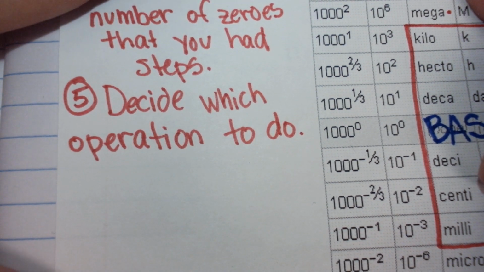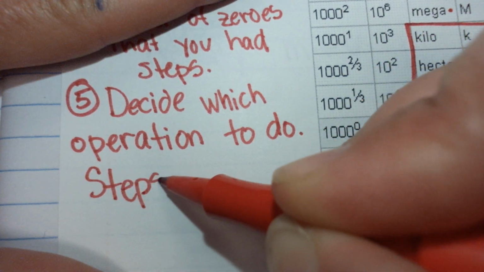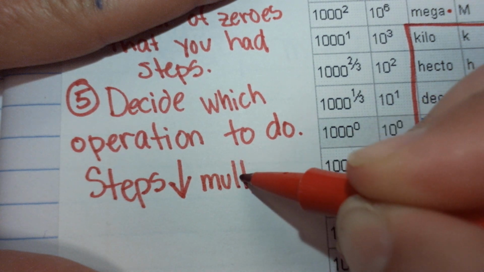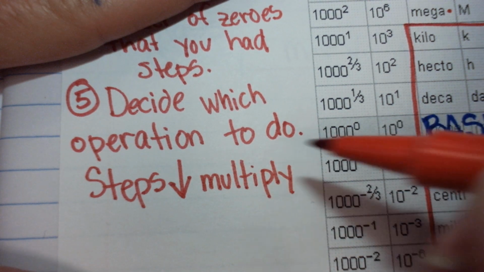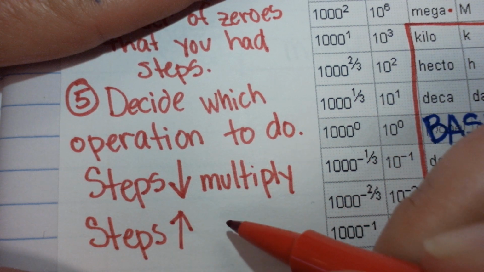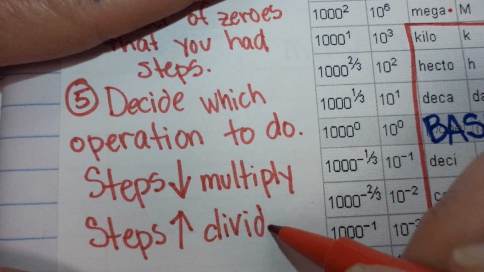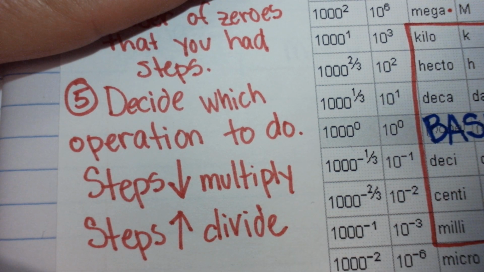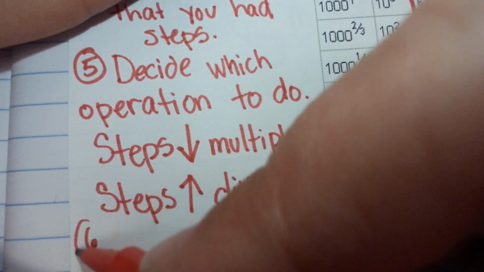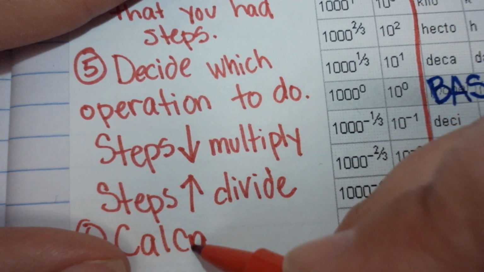No, I'm talking about multiply or divide. Okay, so if your steps go down, multiply. If your steps go up, what are you going to do? Divide. Okay. Then you're going to calculate. So 6 is sort of one you could also do in your head, but calculate.